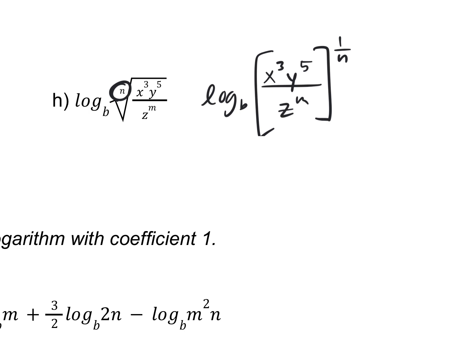But that's kind of how I did it. Is that how you guys would have started too? Or would you have moved the 1 over n out first? Let's move it first. So let's move the 1 over n out front. So I get 1 over n log base b of this whole thing.